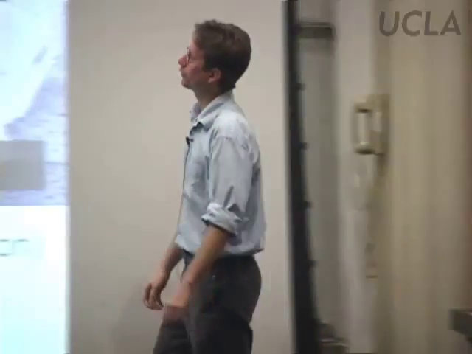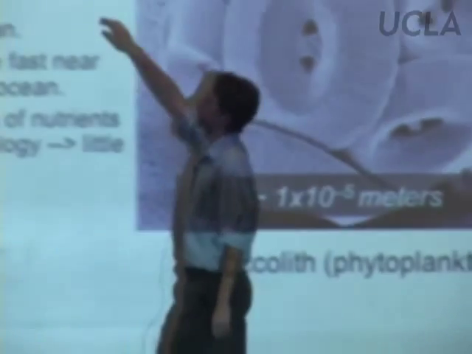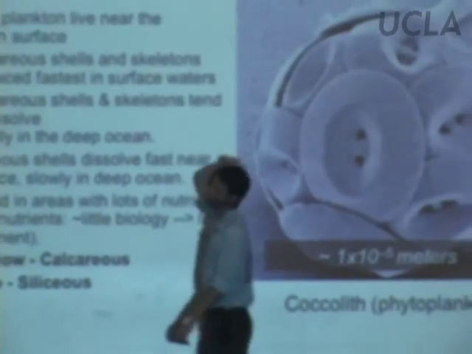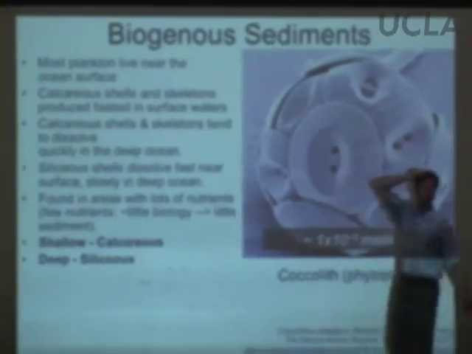So these are organisms that are abundant in the surface ocean. And organisms that eat other organisms are going to tend to hang out where those other organisms live. So the surface ocean, by and large, is the most densely populated part of the ocean. So both calcareous and siliceous shells are produced most quickly and in the greatest abundance in surface waters in the ocean.